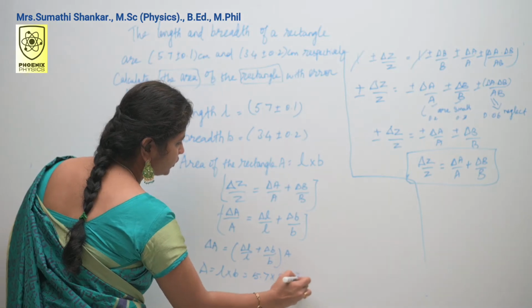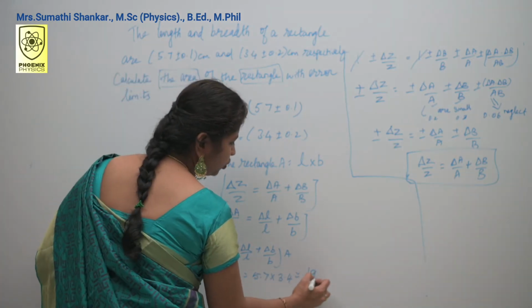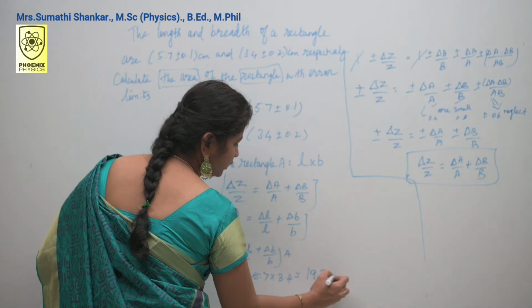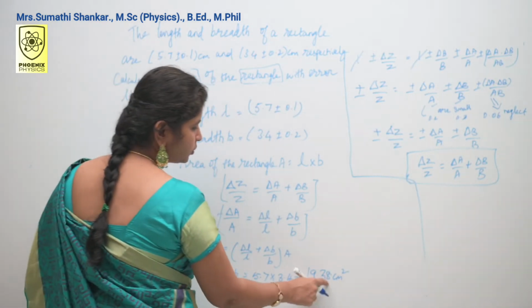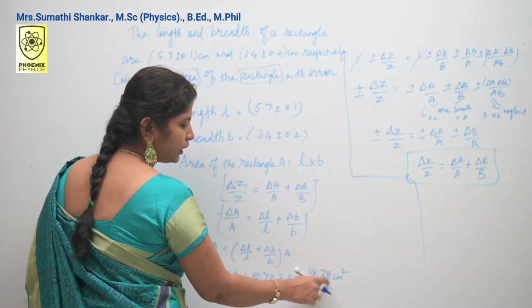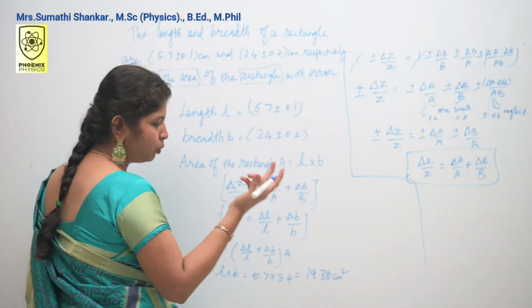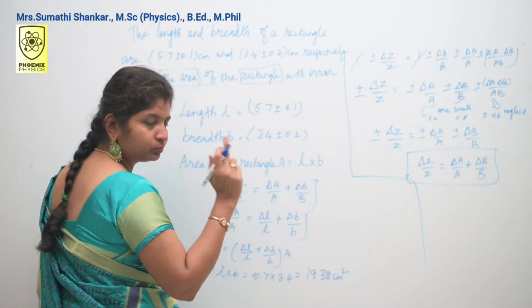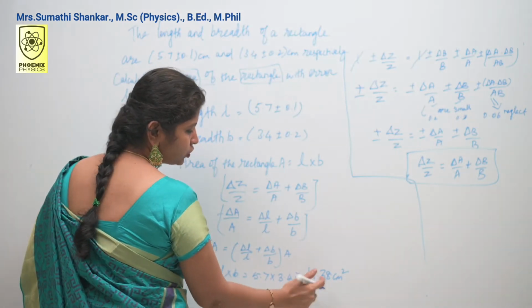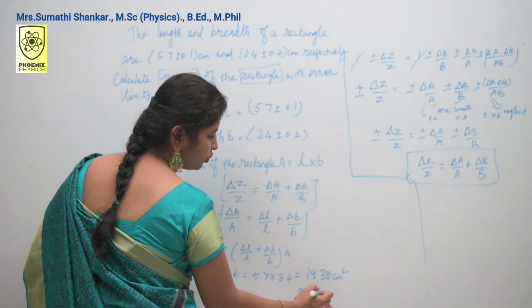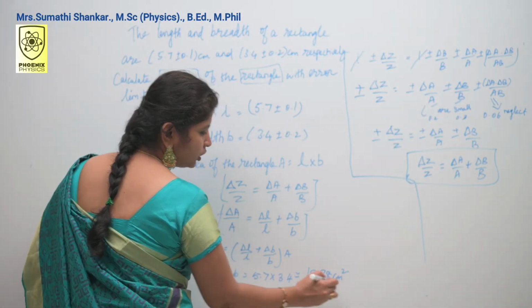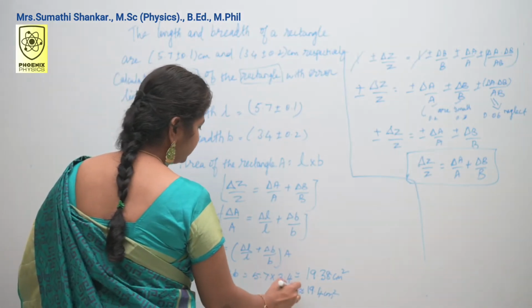The final answer is 19.38 centimeters square. Okay. Look at the second decimal. It is greater than 5. If it is 5 or more, we can add 1 to the previous number. So final one is 19.4 centimeters square. This is our area A.